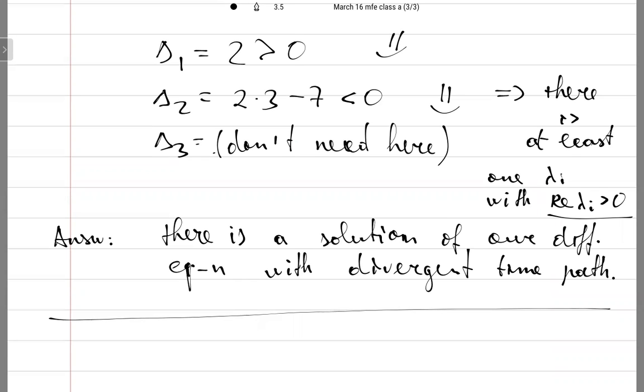Okay, the last one is 20, yeah? It was 19, I guess. Yes, 19.